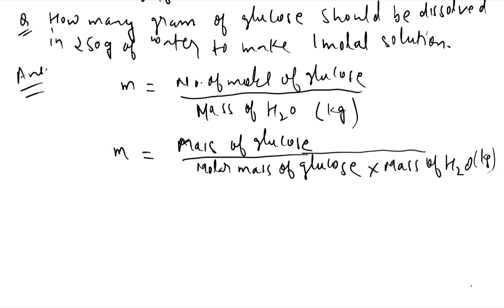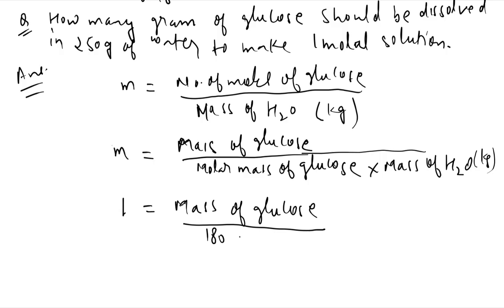Okay, so now we can put all the values. So this is going to give you 1. You need to find out mass of glucose divided by molar mass of the glucose is 180 multiplied by mass of the water in kg. It is in 250 grams, so we have to convert it into kg.